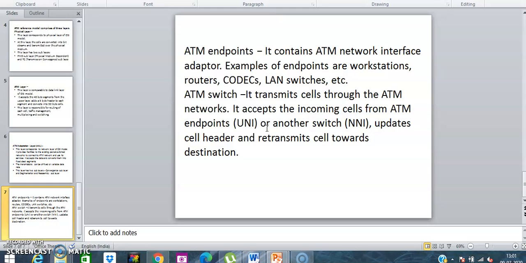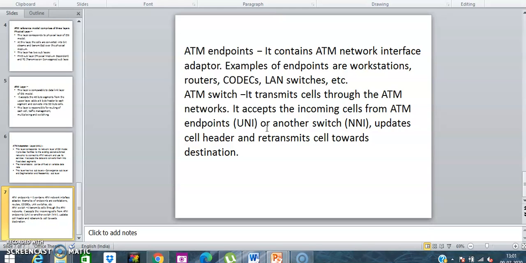It accepts the incoming cells from ATM endpoints, UNI, or another switch, NNI, updates the cell header and retransmits the cell towards the destination.